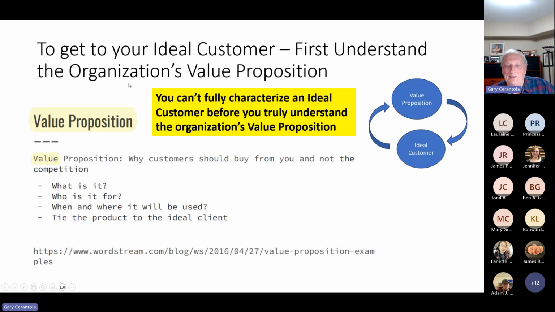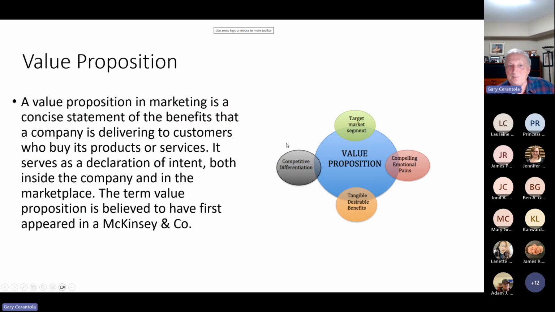I'm not going to dwell on this too much, but like I said earlier, you can't fully characterize an ideal customer before you really understand the organization's value proposition, and that's why I brought that to your awareness. And really, it has to tie into that target market of your ideal customer.